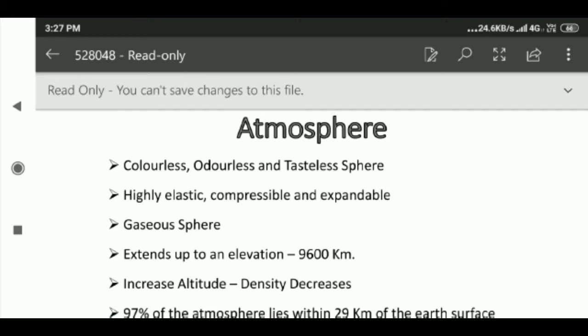As the altitude above the earth's surface increases, the atmosphere becomes thin or the density of atmosphere decreases rapidly, means with the increasing altitude above the earth's surface, the density of atmosphere decreases.